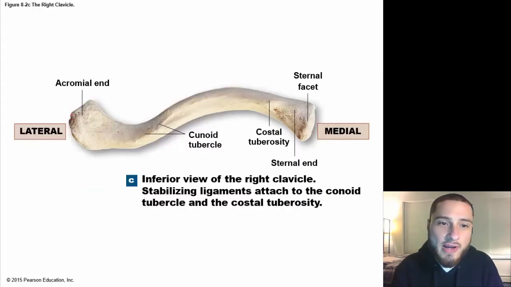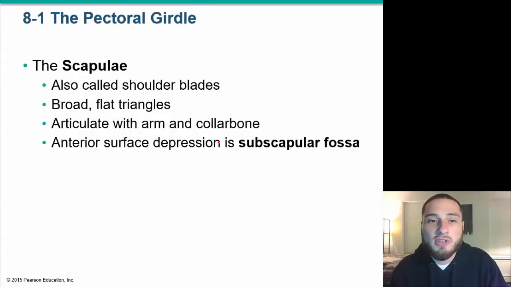You have your lateral, or your outside portion of your clavicle, and your medial, or your inside portion. You have the conoid tubercle, costal tuberosity. Remember, anything that is going to be a process is there for attachment of muscles. Scapulae, they are called shoulder blades.